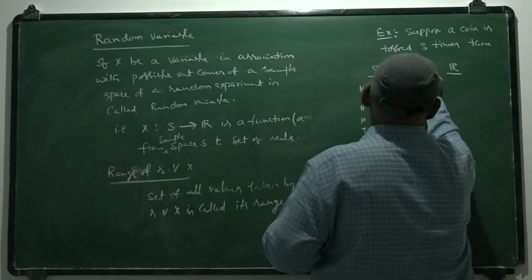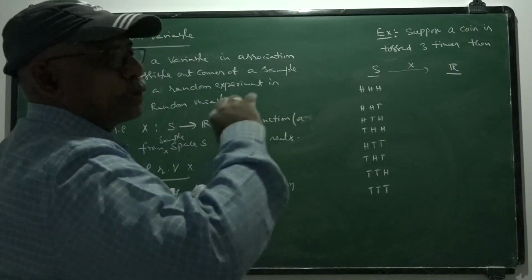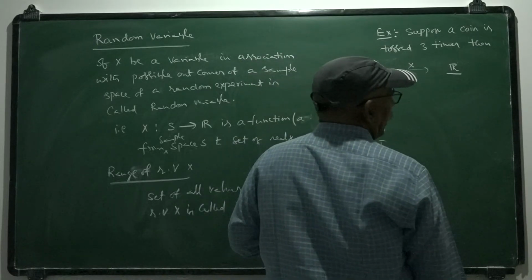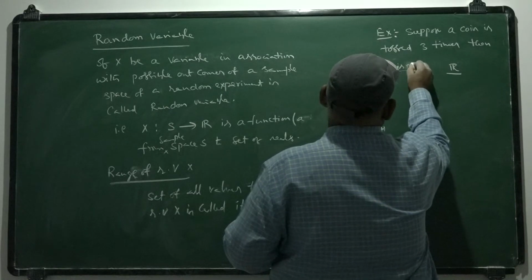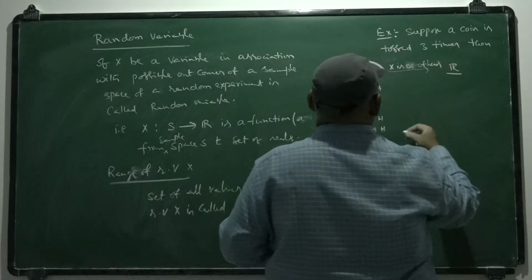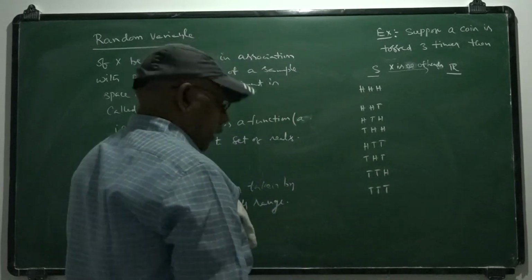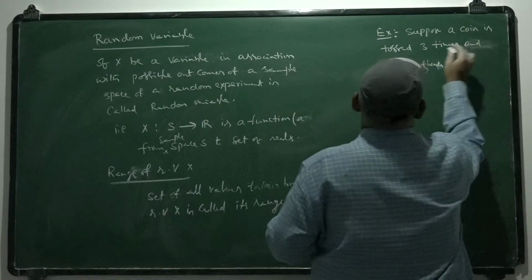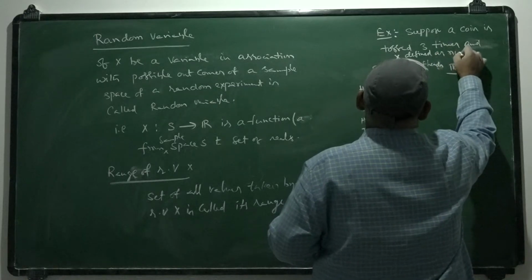Let X be a function defined from this sample space to the set of real numbers, and X is defined as the number of heads obtained when a coin is tossed 3 times.